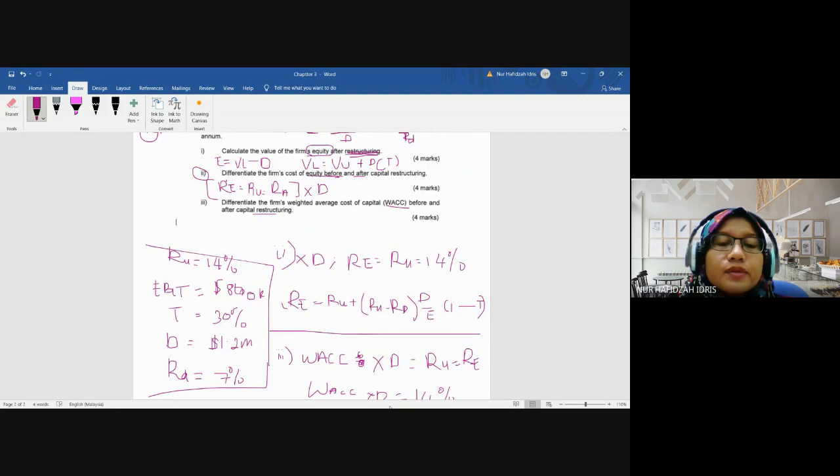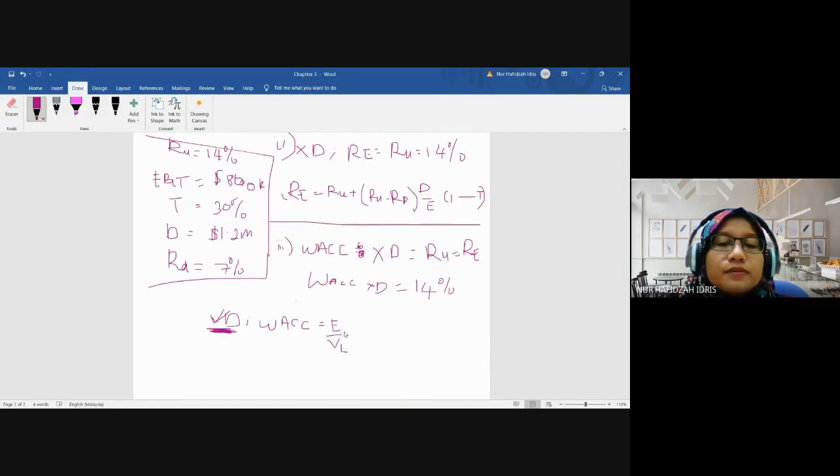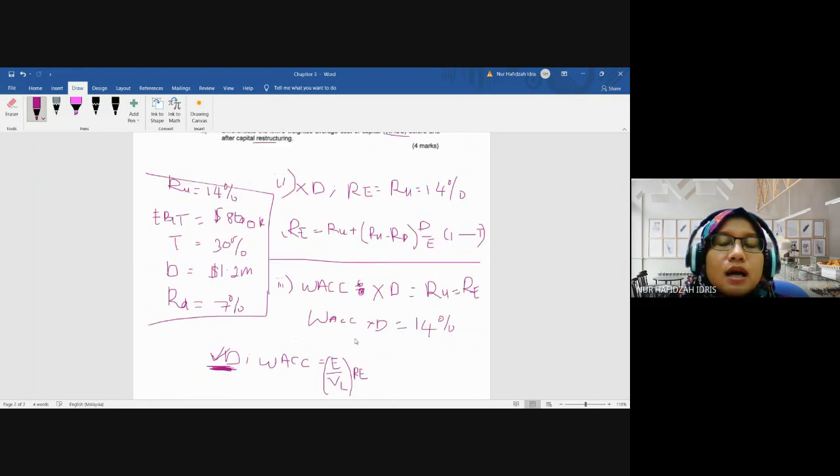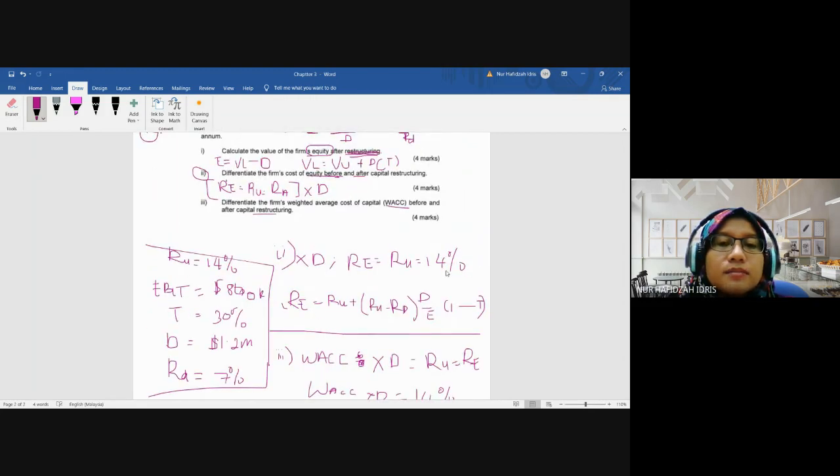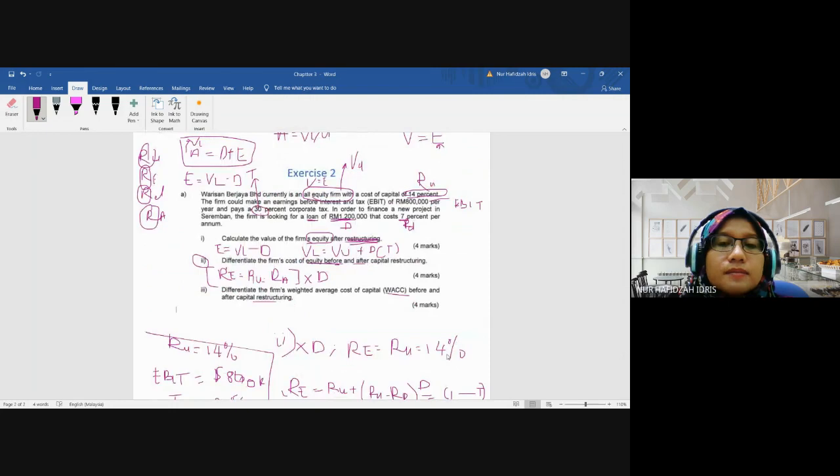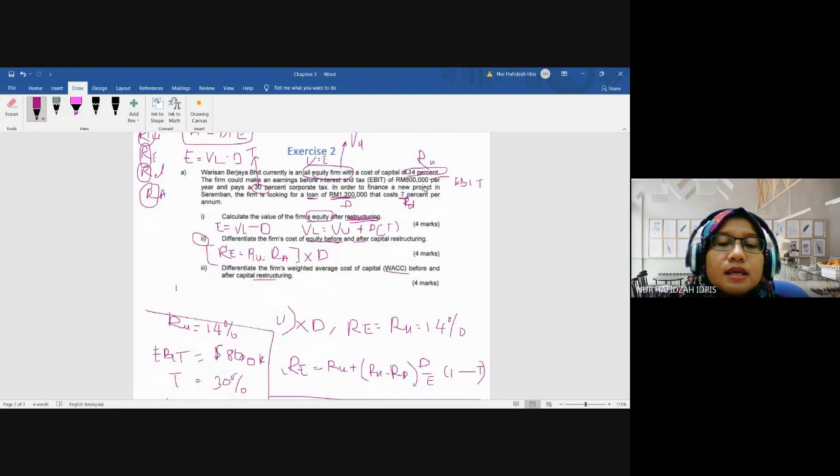VL yang you dah cari dekat atas ni tadi, question number 1. Okay. So E per V kali dengan RE. So RE you akan ambil RE yang mana? Ambil yang 14% ni ke? 14% yang kat sini ke? RE kita akan ambil yang kita kira ni tadi. Faham? Okay, RE you akan ambil RE yang you kira ni.